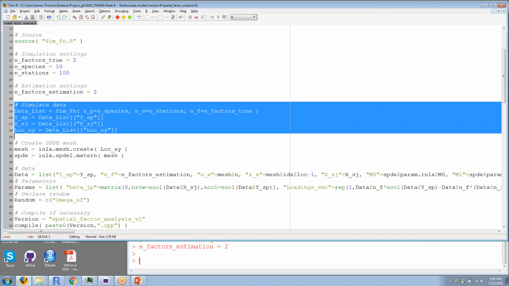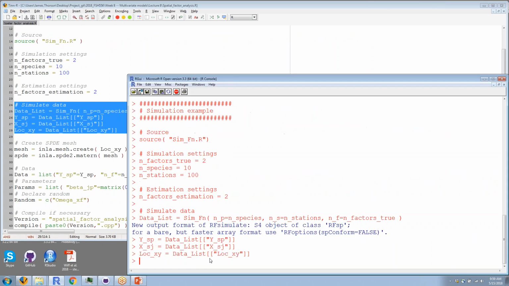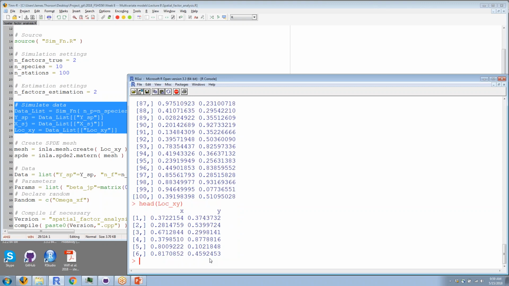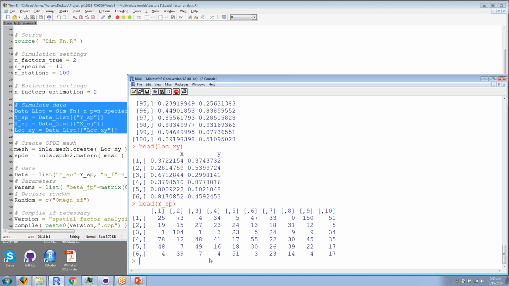This simulation simulates the location, so 100 locations in X and Y coordinates, and then it has a response that's a count for every one of 10 species. So site 1 has a pretty high count for most of the species. You can already start seeing that species 2 and 9 probably share the same loading on one of the factors.